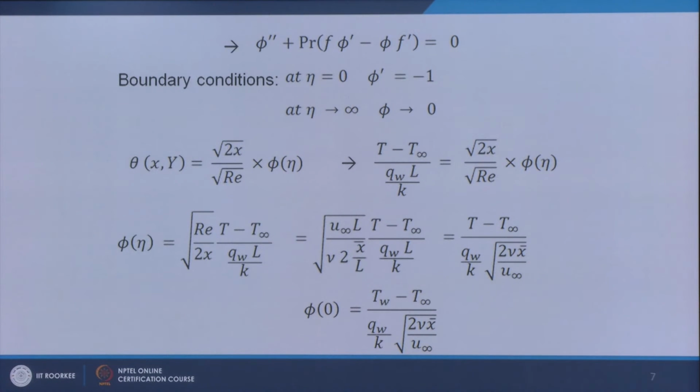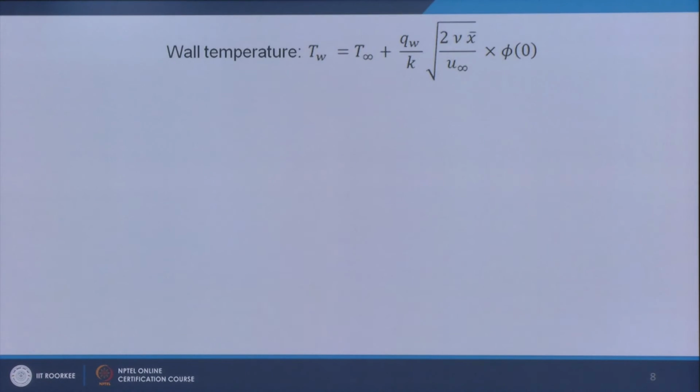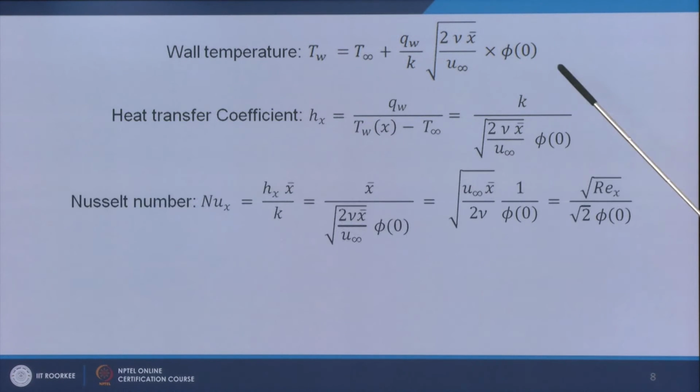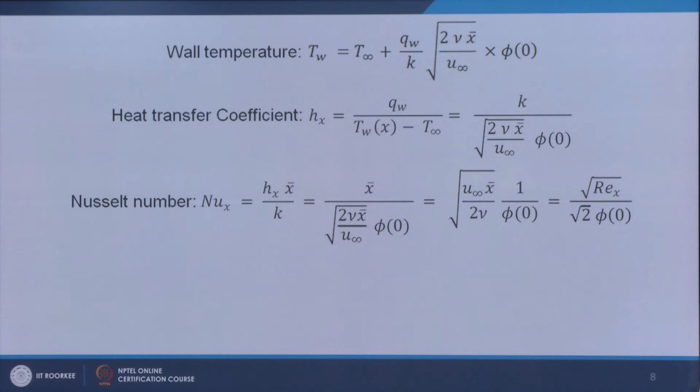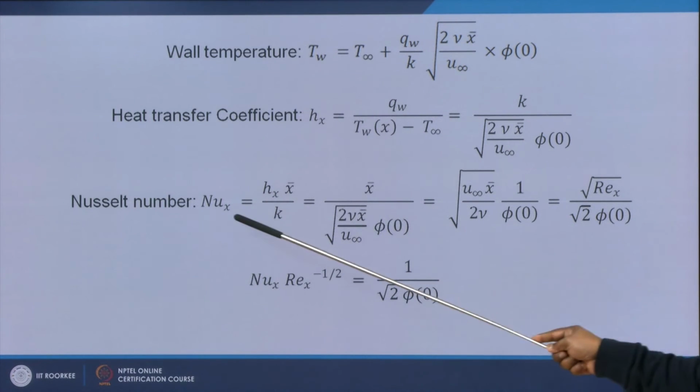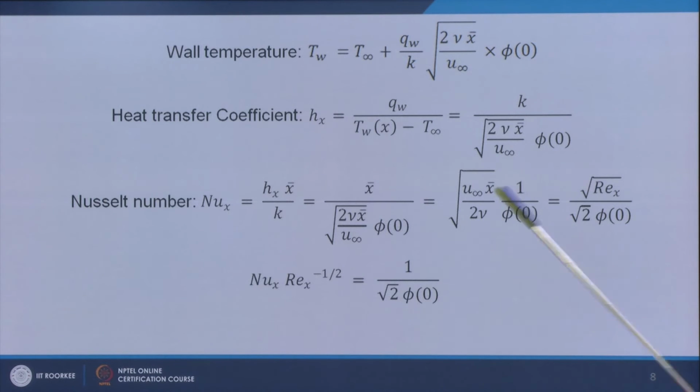These are coupled equations and need to be solved numerically using an iterative solver, and if you do that and find the value of phi at the wall, that means phi 0, then you can obtain the wall temperature, heat transfer coefficient and Nusselt number respectively. A little bit of a side change: the Nusselt number times Rex to the power minus half is actually a sole function of phi 0.